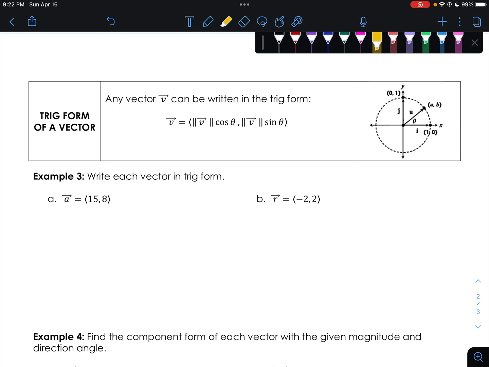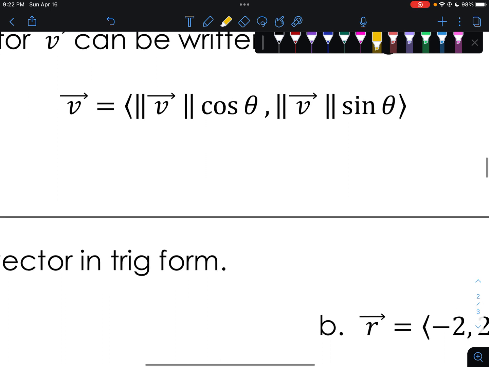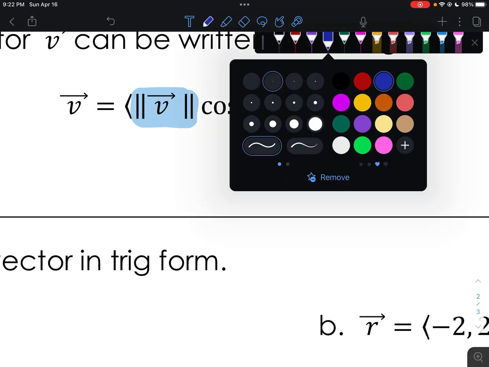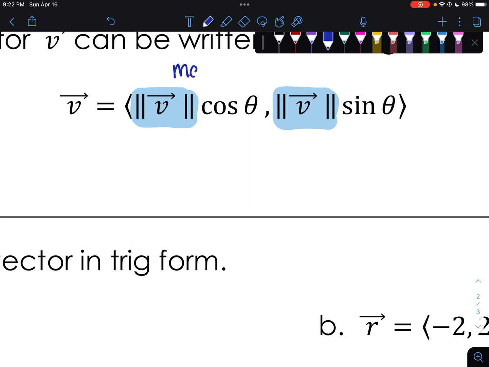So any vector can be written in trig form, where vector V is the magnitude of vector V times cosine theta, and the magnitude of V times sine theta. Remember, the bars mean the magnitude, and theta is the direction angle.